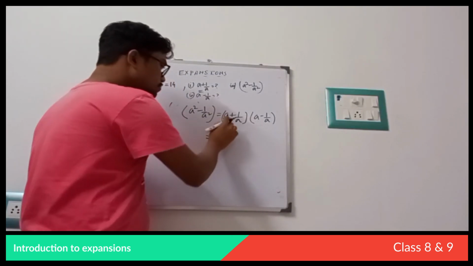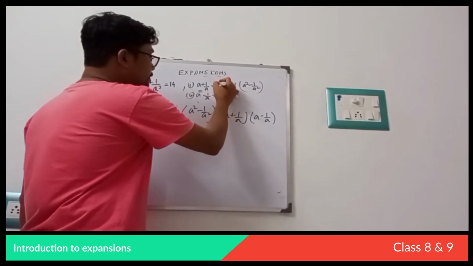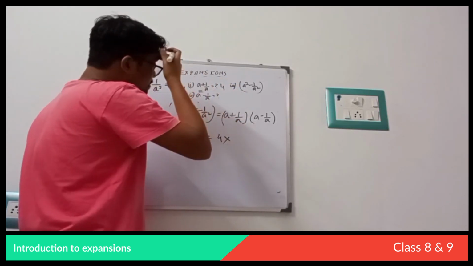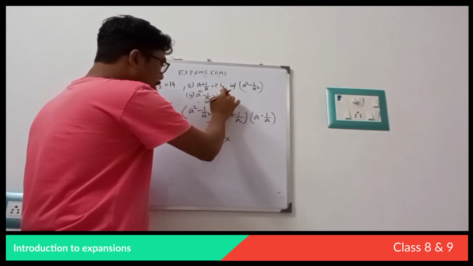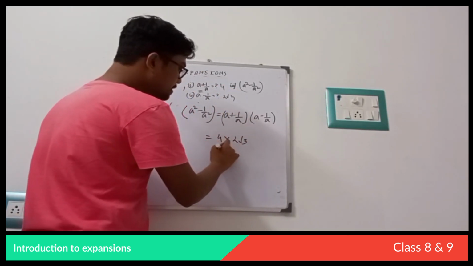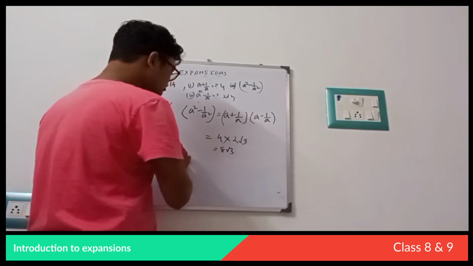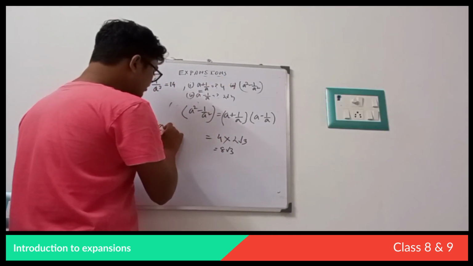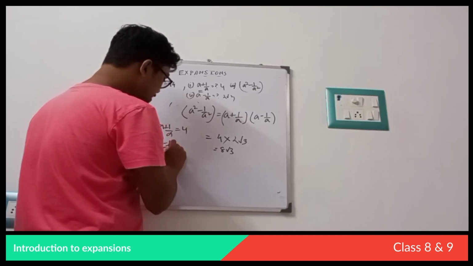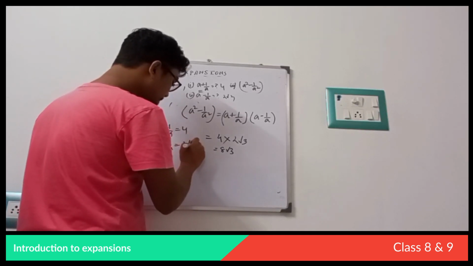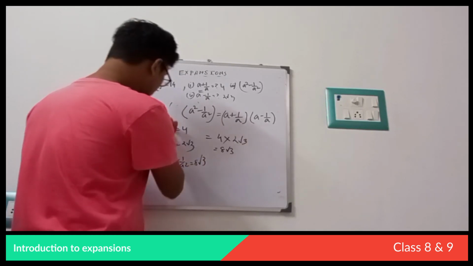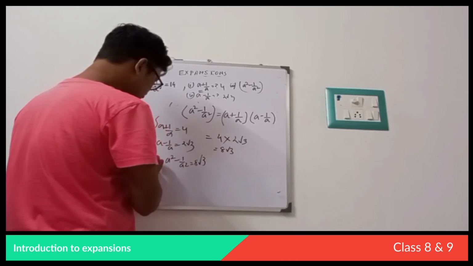So what is the value of a plus 1 by a? We have derived it, plus 4. And what is the value of a minus 1 by a? This is 2 root 3. That becomes 8 root 3. So the value of a plus 1 by a is plus minus 4, a minus 1 by a equal to plus minus 2 root 3, and a square minus 1 by a square equal to 8 root 3.